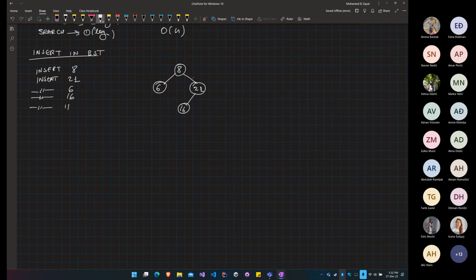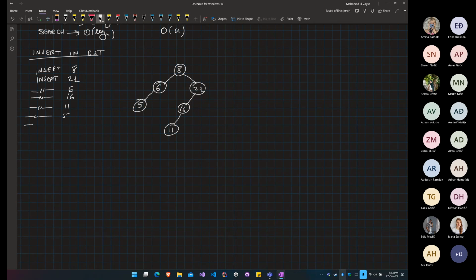So 11 is still larger than 8. Less than 21, less than 16, so we put 11. Let's insert 5. 5 is less than 8, less than 6, so we put it here. Sorry, 5, apologies.